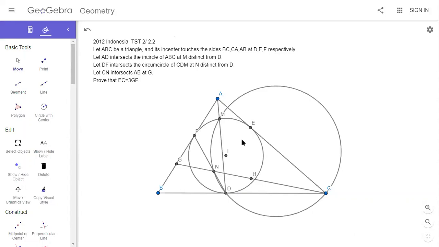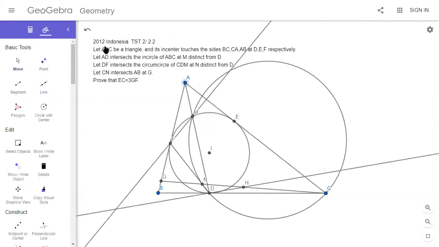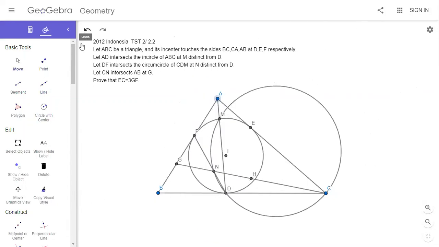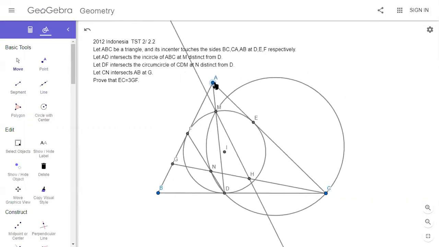Yeah. And is FM parallel to DX? Maybe not. No. I don't think so now. That, no. Yeah. But FD and MH, that's interesting that those are parallel.